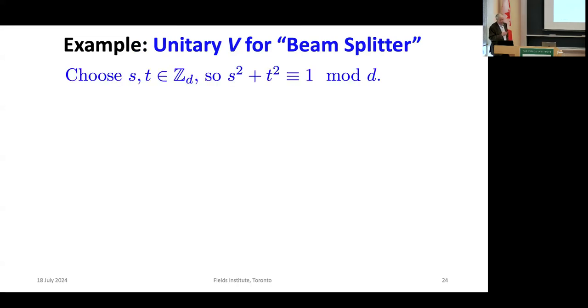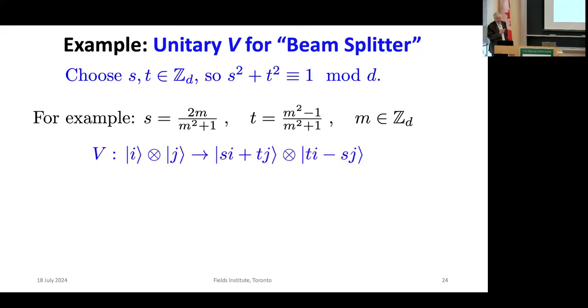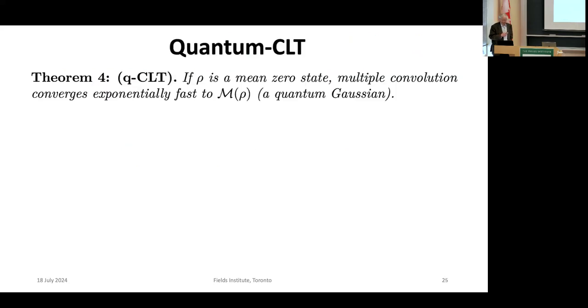If we choose S and T to be elements of Z_D, which have squares summing to 1 mod D. So for example, if we take S or T to be of this form, then you can define V to be a rotation in the 1-qubit space and take the tensor product in the n-qubit space. And that leads to a quantum central limit theorem.